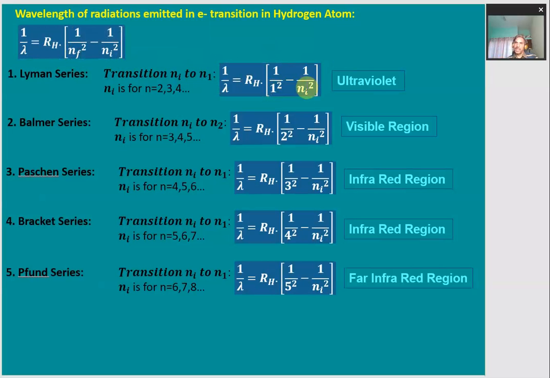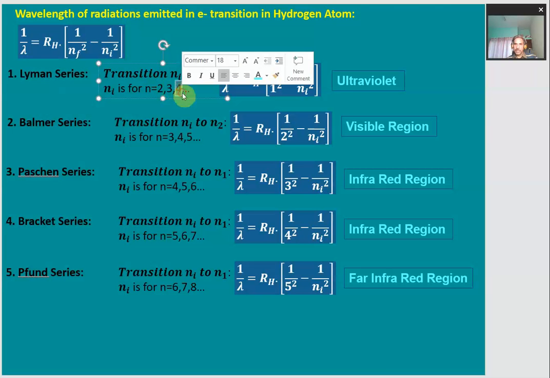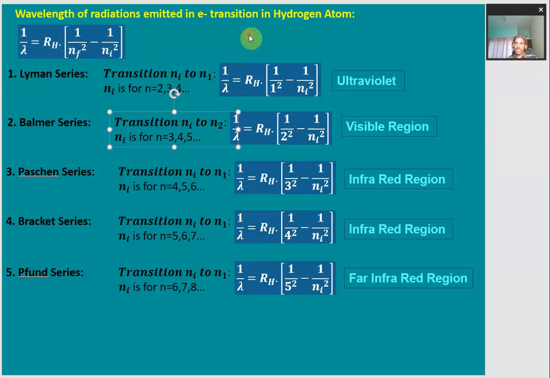There may be any higher energy orbit from which the transition is taking place. It may be the second energy level, third energy level, fourth energy level, and so on. So the wavelength of the radiation which will be emitted in this case will be written as this.